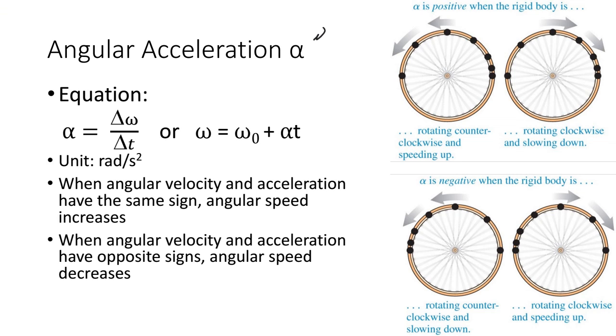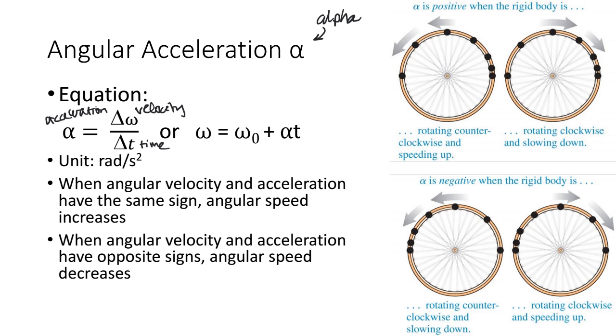Angular acceleration is represented by the Greek letter alpha, and its equation is alpha equals delta omega over t, which means acceleration equals velocity over time. Since the velocity is measured in radians per second and the time is measured in seconds, that gives us an acceleration unit of radians per second squared.